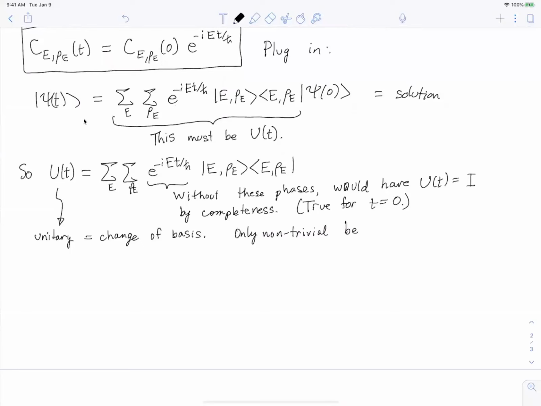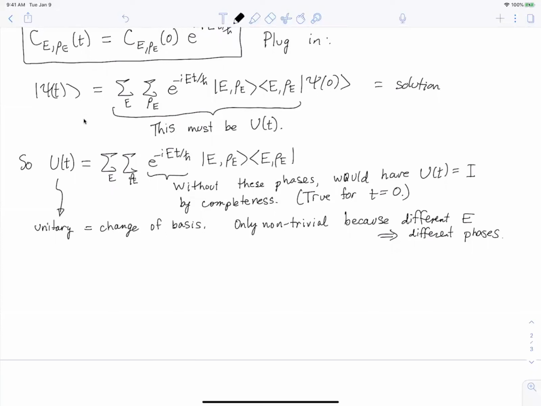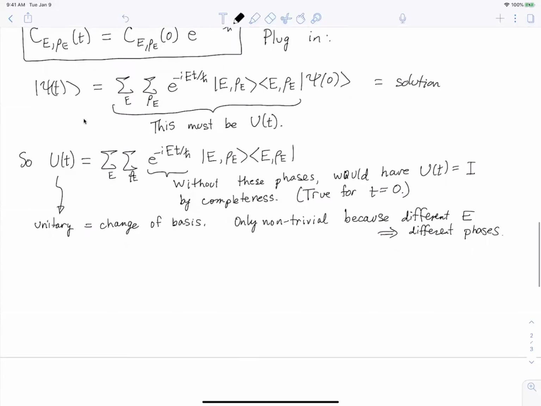So only non-trivial because different E's give rise to different phases. If they all had the same energy, then we would just be multiplying everything by the same phase, and multiplying everything by the same phase has no physical effect.